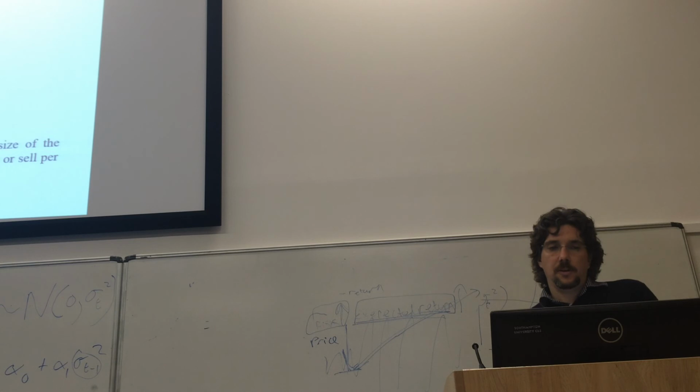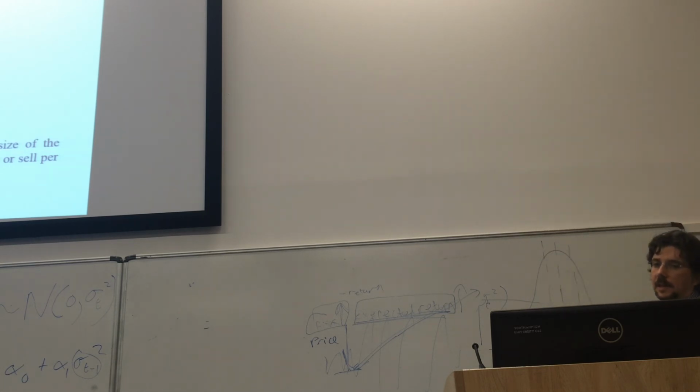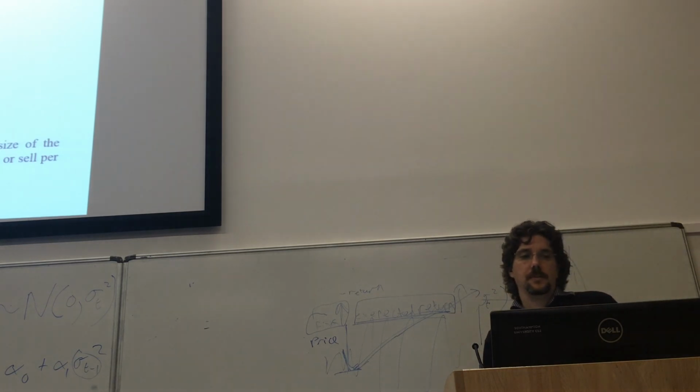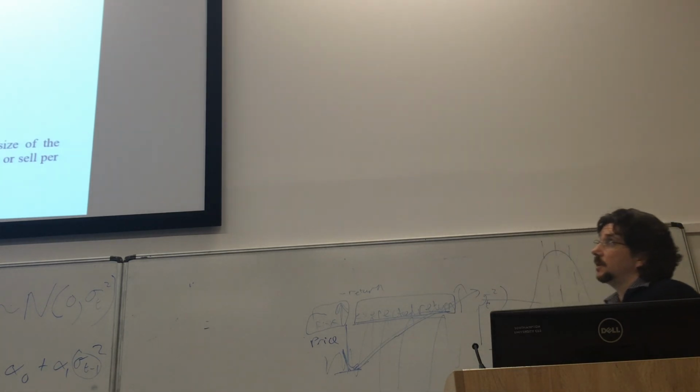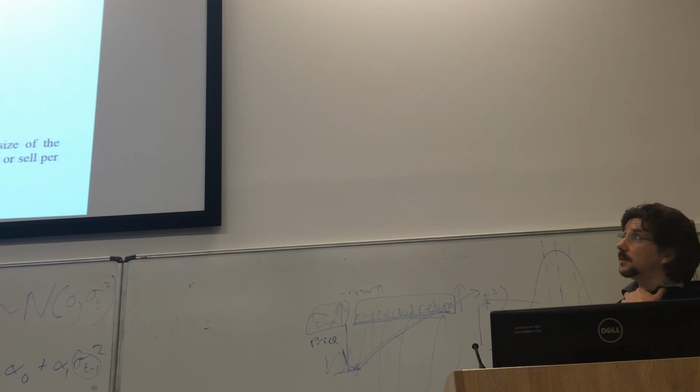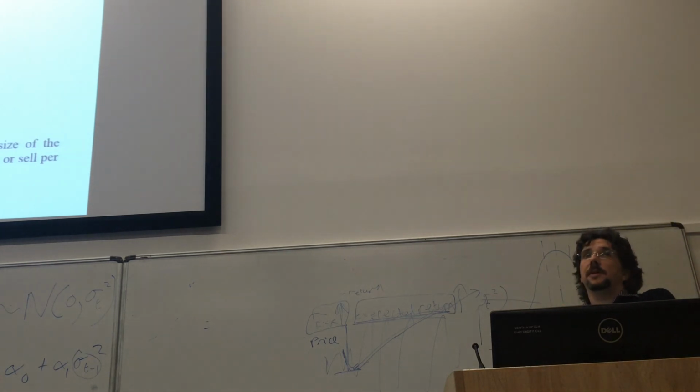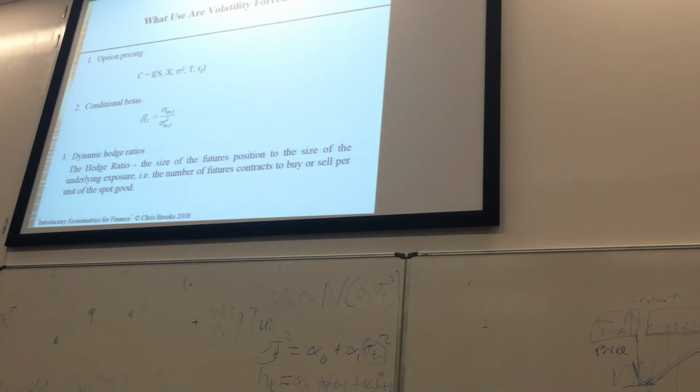Okay. So what use are volatility forecasts? One of them is option pricing, as I mentioned before. The single biggest or most important input into an option pricer is the volatility. So if you have a better estimate of volatility over the lifetime of an option than the person selling that option, their price may be wrong. If you can consistently come up with better volatility estimates than the option market, you can make money on that.